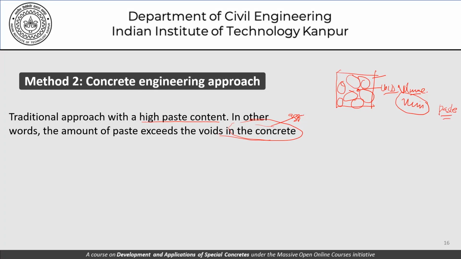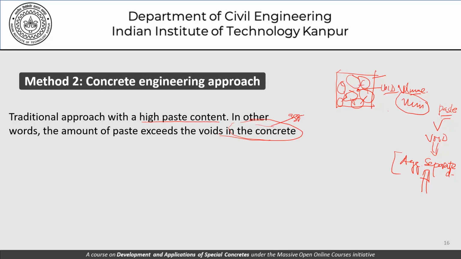Only if the paste volume is higher than the void volume will the aggregates be separated from each other. And not being in contact as shown here is a central point as far as I'm concerned, and my understanding and imagination, or the kind of picture that I have in mind for concrete.